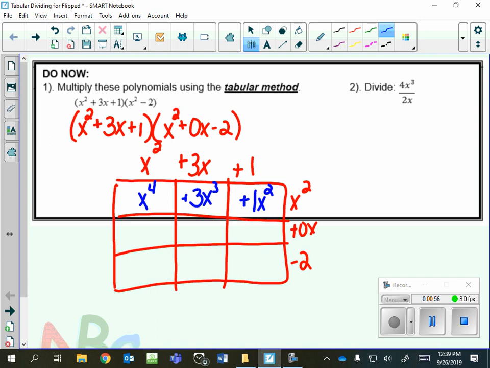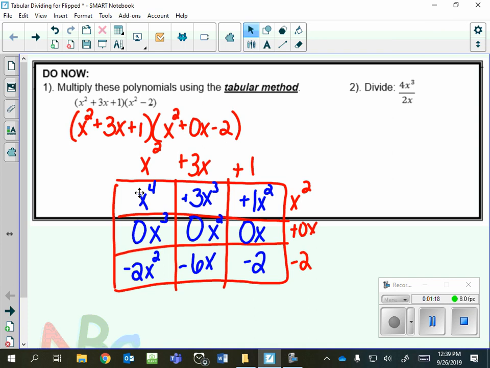My middle row is a placeholder, so they're all going to be zeros, but I like to keep my variables and exponents nice and organized. So this is going to be a 0, x to the third, 0x squared, and a 0x. And then my last row should be negative 2x squared, negative 6x minus 2.